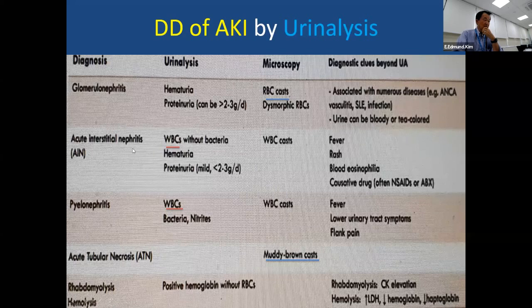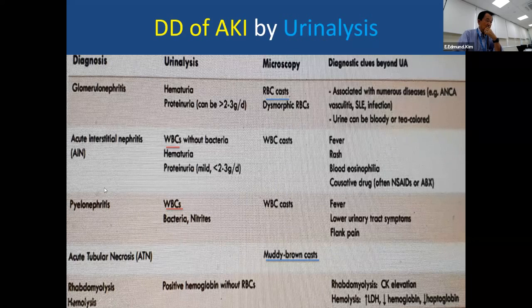But if it's white cells, white cell casts, that's more likely acute interstitial nephritis, inflammation, so usually fever, rash, etc. And if you have red cells, white cells, and bacteria, and certainly urinary symptoms, that's a pyelonephritis.